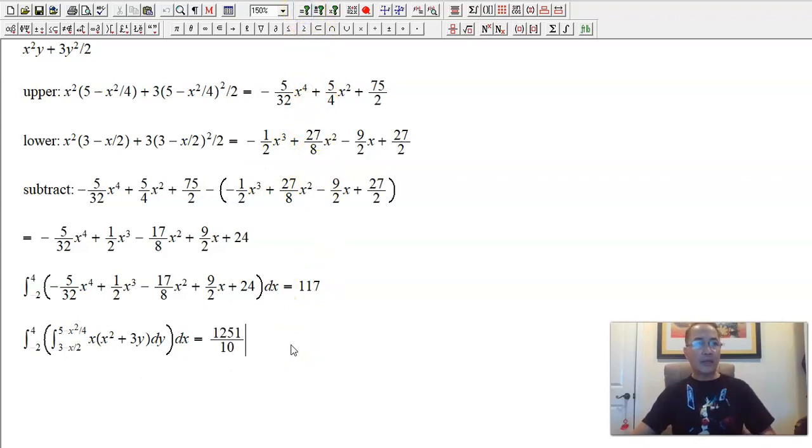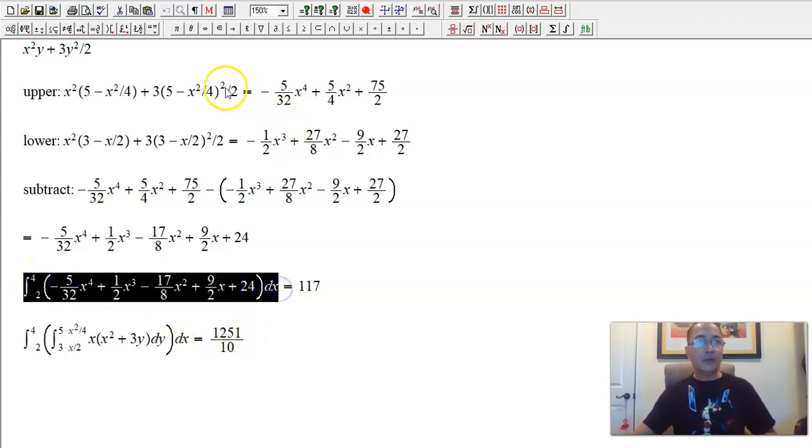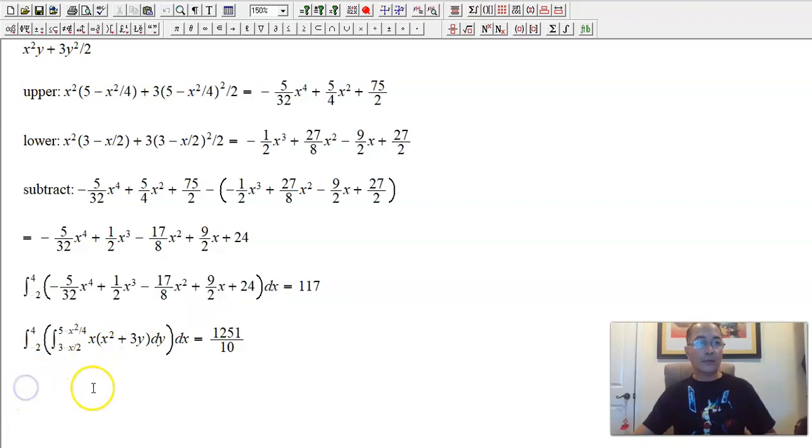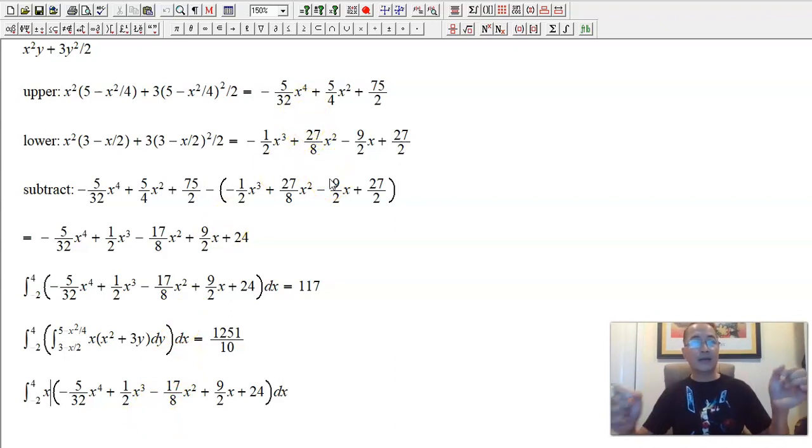So I said you don't need to do all of this work all over again for the second integral where there's an extra x, because all of this remains the same. There's just an x hanging out next to it. So if you do that single integral, will we get the same answer?